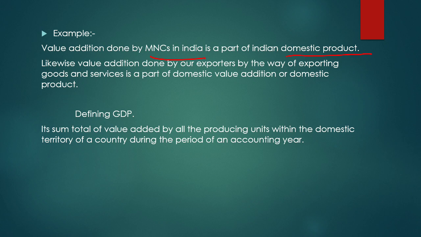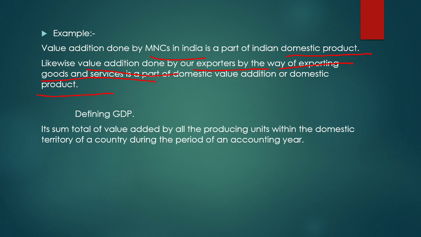Likewise, value addition done by an exporter who produces commodities in the domestic territory of our country and exports them outside will also be considered part of the domestic product. So exporting goods and services is included in the domestic product. Okay, I hope you are understanding me.